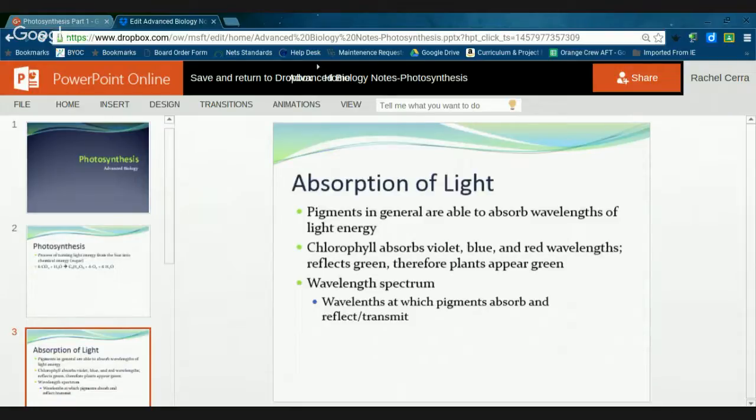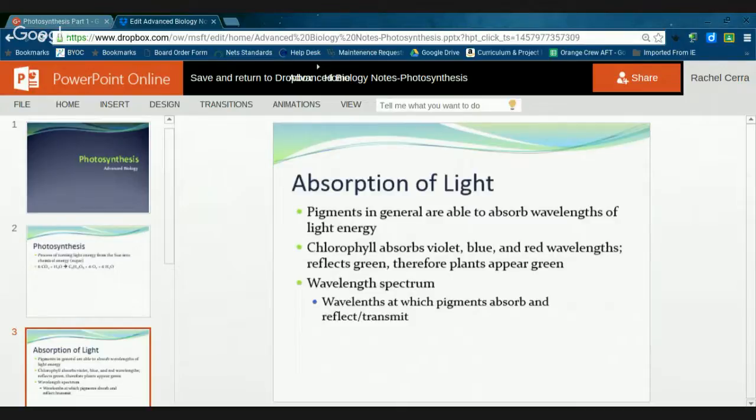In the case of chlorophyll, which is the main pigment used in photosynthesis, it's going to absorb red, blue, and violet wavelengths. And then it's going to reflect the green and yellow. So this is why your plants appear green, because they're reflecting that green and yellow pigment or wavelength.